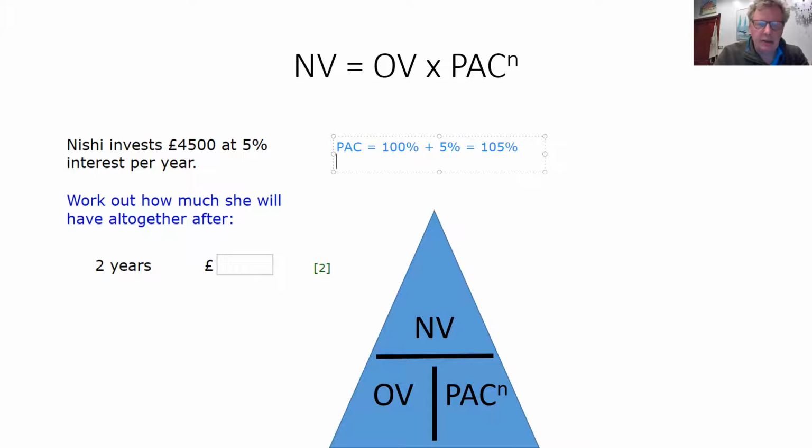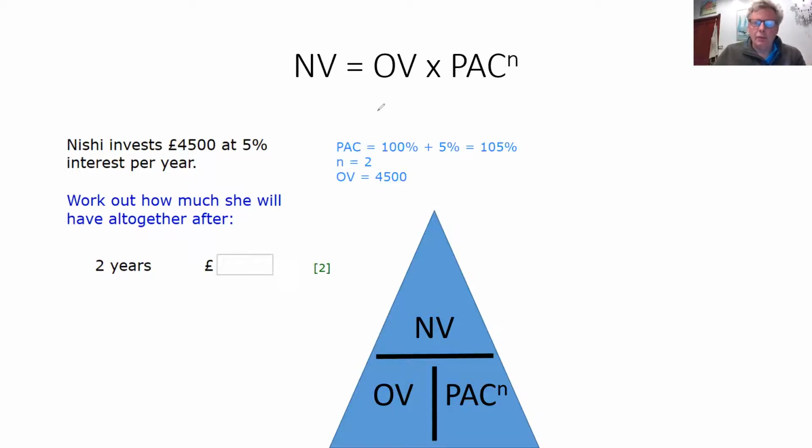N is going to be 2. And the old value is going to be 4,500, because the money that's left in the account is going to be our new value.